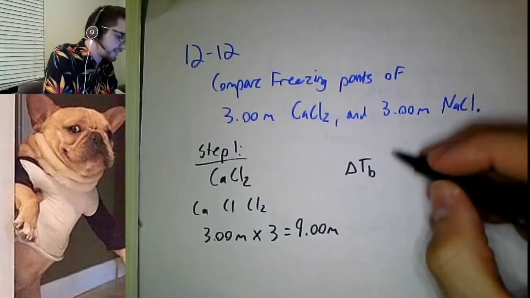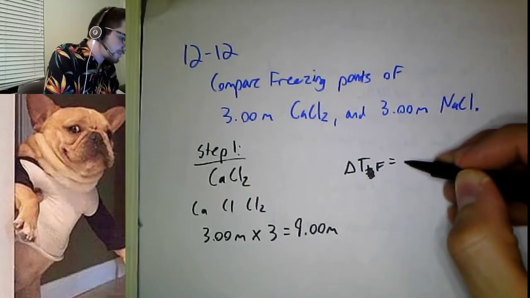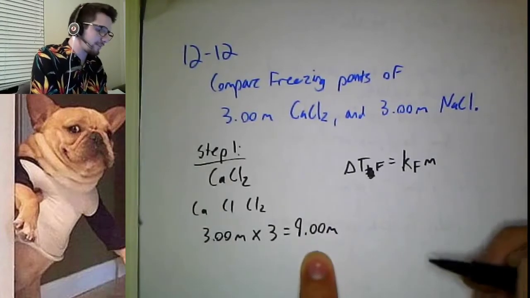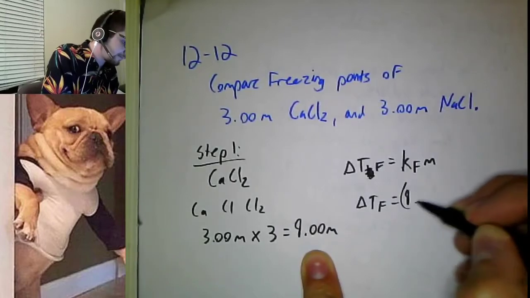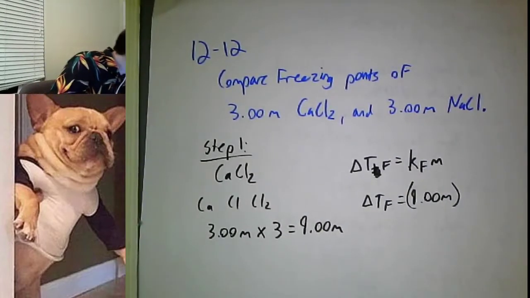The change in freezing point equals the freezing constant times M. We have our M. Now we just need to figure out what our constant is.